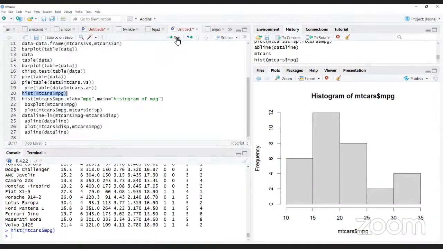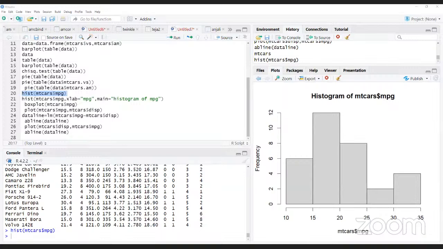So now you can find this is the histogram of MPG data. Here you can find 1, 2, 3, 4, 5 bins are there. And the mean possibly lies between 15 to 25. Okay, we can check it.